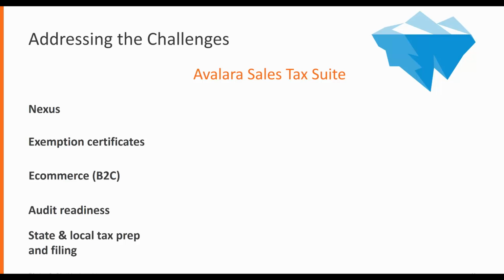So as we were talking about, for Nexus, it's very difficult to decide where you have Nexus, when you have Nexus, what happens when I find out that I have Nexus. You start selling into, say, Colorado. You have to go research all the different jurisdictions in Colorado and, for each sale, all of these different tax rates, you have to go set up those tax tables within GP so that when those transactions run, it pulls the right rate for what side of the street that you're sending to.